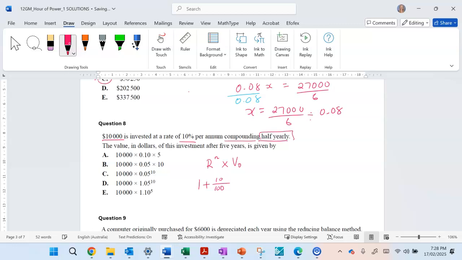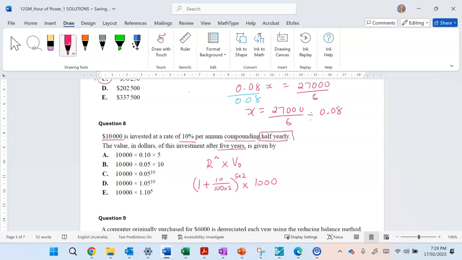So it's half yearly, so it's going to be times 2. And I'm just going to put that in brackets because that's just one number. And then we multiply by our initial value. And N was 5 years. So how many compounding periods? That's going to be 5 times 2. All right, so it's got to be 10.